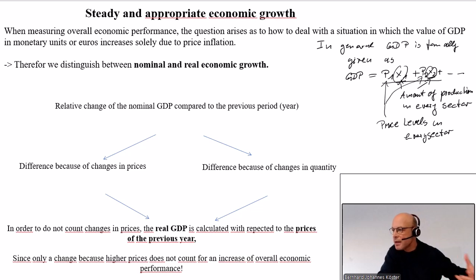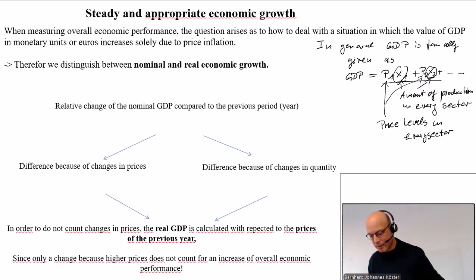Then this would just mean that also GDP is doubled, that we would have an economic growth of 100%. And then we can ask ourselves, are we then happier than before? If we have only changed the prices, in this case the answer is of course no. So somehow we have to get rid of these prices, or the development of the prices, within the economic performance.